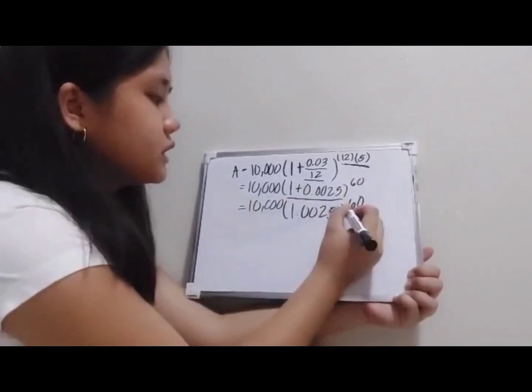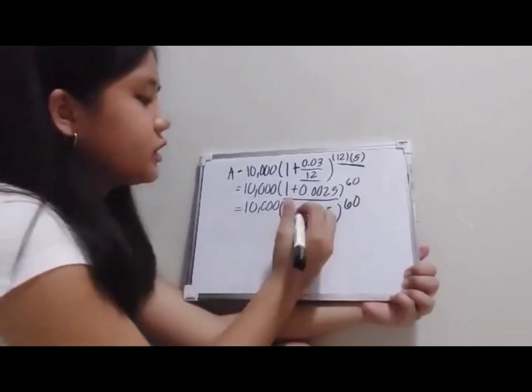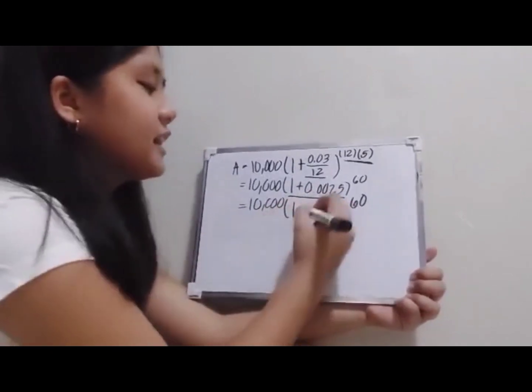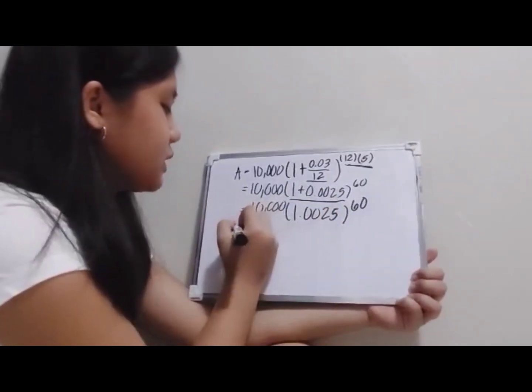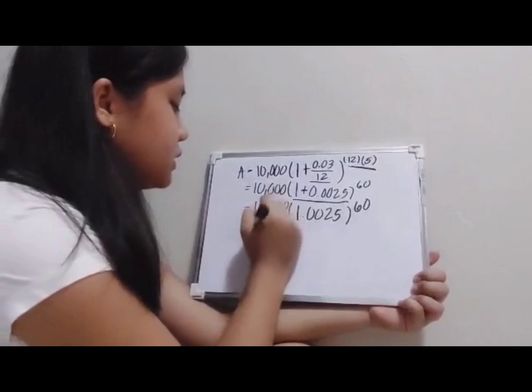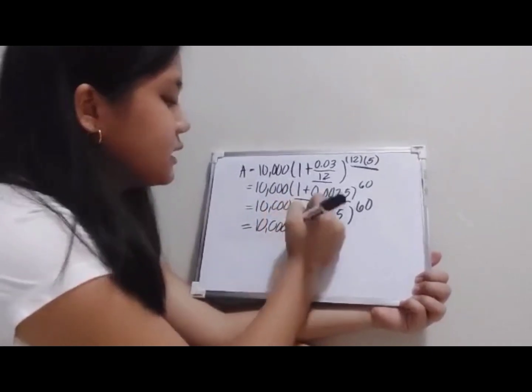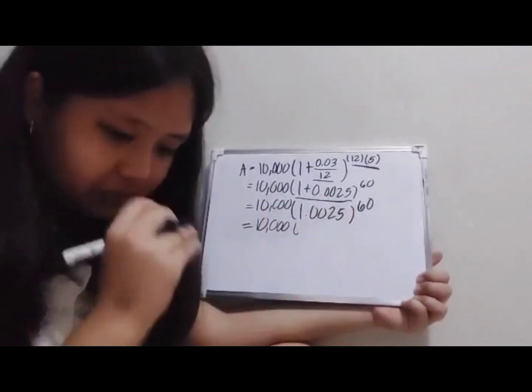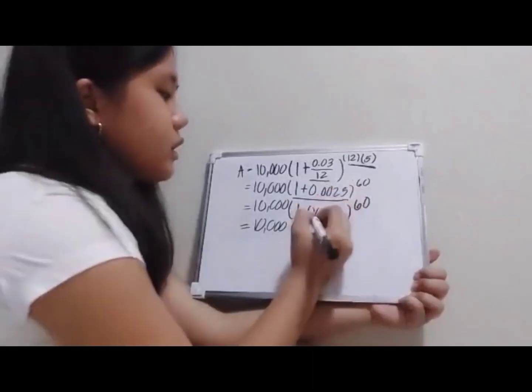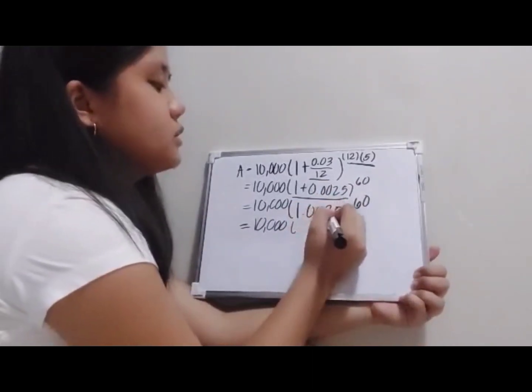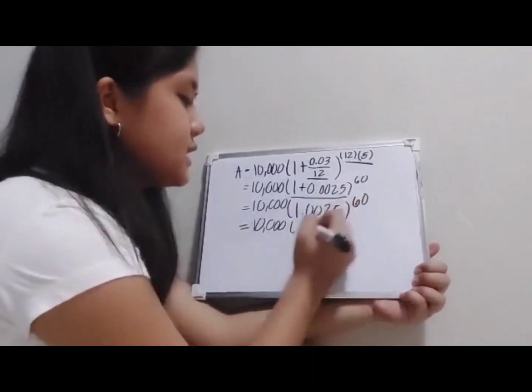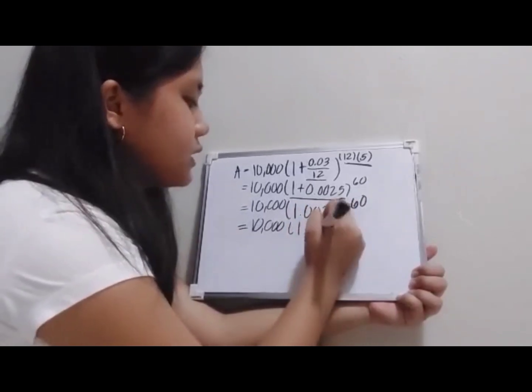You can use your calculator in solving for this. 1.0025 raised to 60 is 1.16.